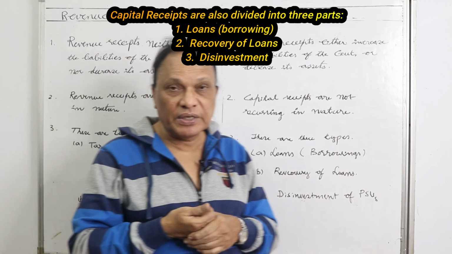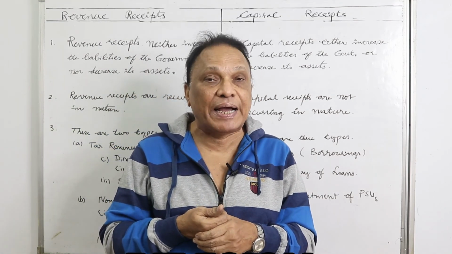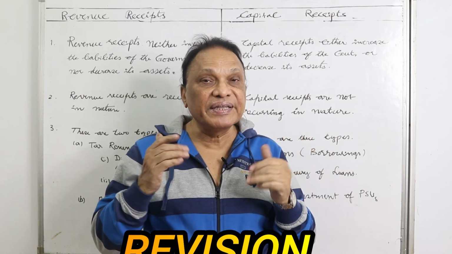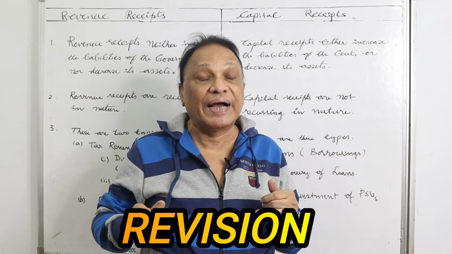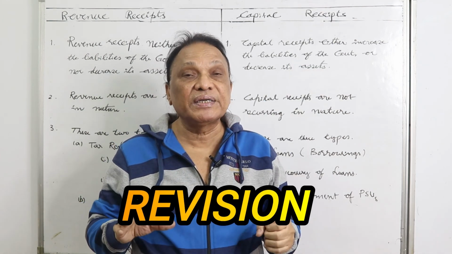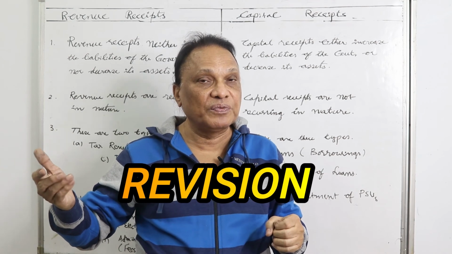So, discussing once again the difference between revenue receipts and capital receipts. Revenue receipts neither increase the liabilities of the government nor decrease its assets. Capital receipts either increase the liabilities of the government or decrease its assets. Second point, revenue receipts are recurring in nature.